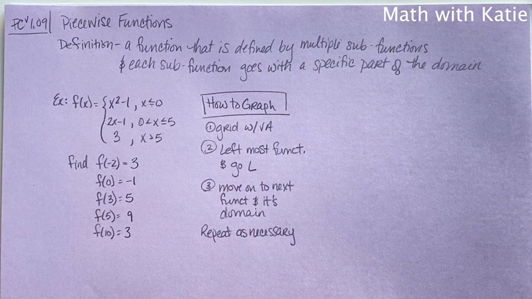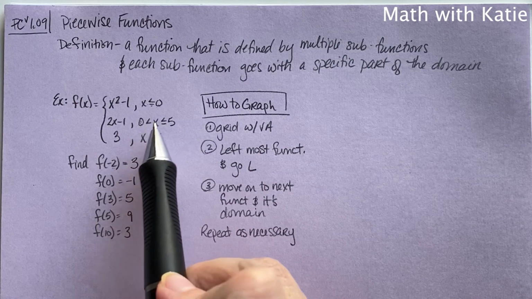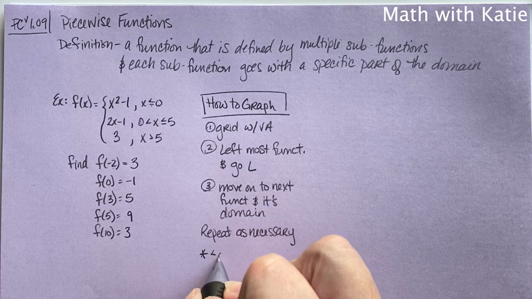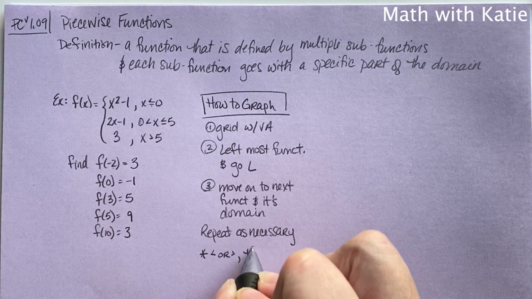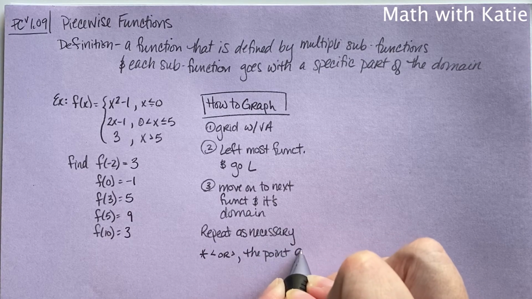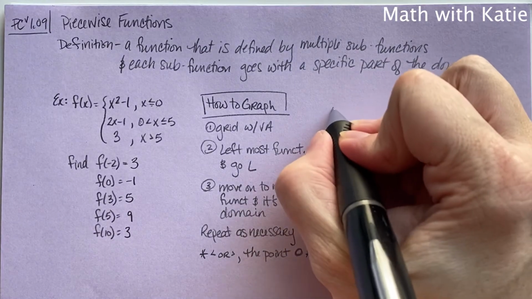Now, the biggest thing that you need to be concerned about is if this is equal to or not equal to, because if it's greater than or less than, the point is open. So it looks like this, what we look like as a whole. Okay, so it's open.